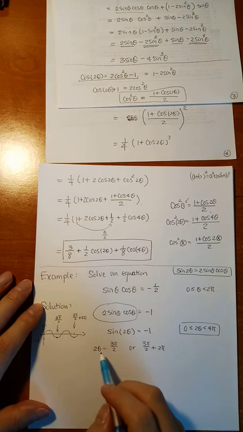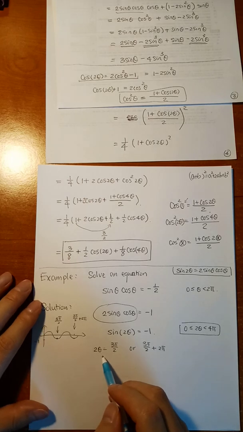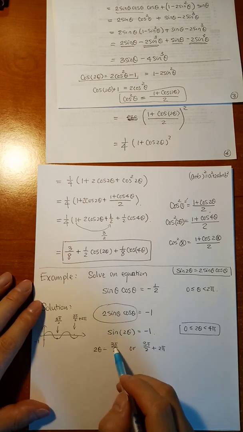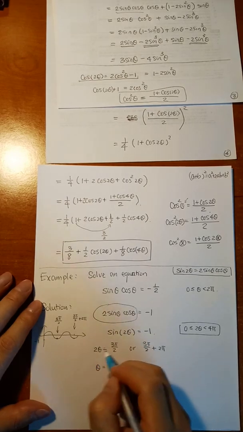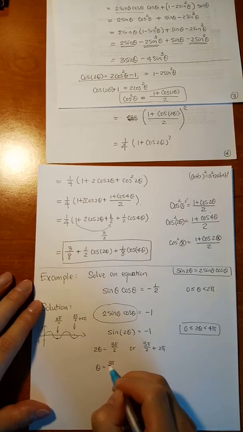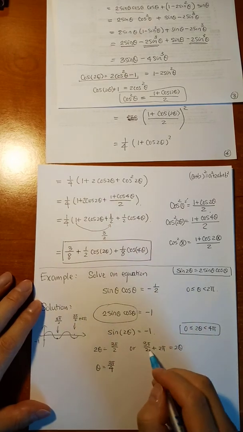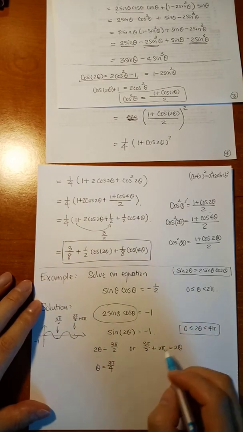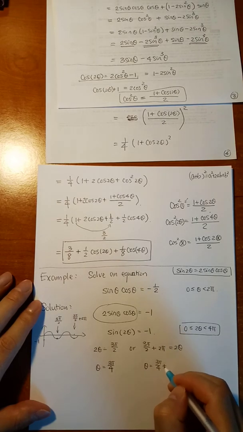For 2 theta, remember we discussed 2 theta so far. 2 theta is 3 pi over 2. Then dividing by 2, theta is 3 pi over 4. 2 theta is 3 pi over 2 plus 2 pi. Then theta is 3 pi over 4 plus pi.